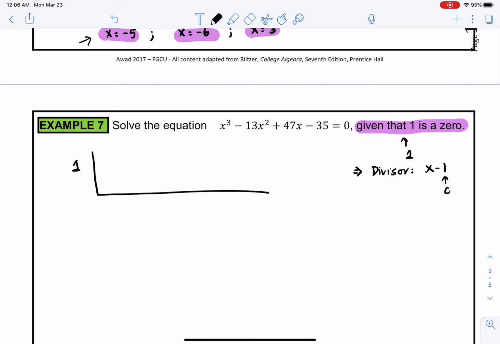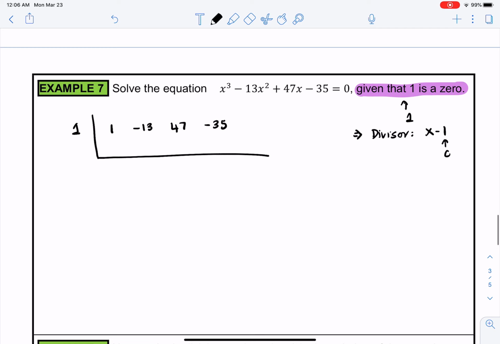So 1 goes up there. Coefficient of x cubed in the given polynomial is 1. Negative 13 for x squared, 47 for x, and negative 35 for the constant term. So bring the 1 down, we have 1. 1 times 1 would give us 1.